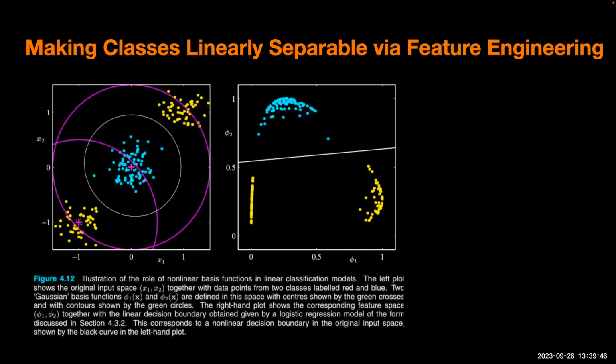But luckily, you do not need to deal with X1 and X2. Obviously here, if you define the 0 point to be the center, you will find that all the yellow points are within some radius, and all the blue points are within a closer radius, right? So if you can transform your X1 and X2 into some new feature space, phi of X, then it might be linearly separable in that space.